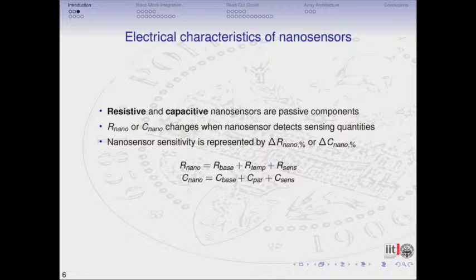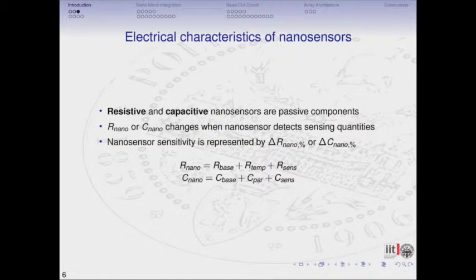The first one is a base contribution that depends mainly on the synthesis process of this nanomaterial or on the nature of this nanomaterial, so if it is a conductive nanomaterial like carbon nanotubes, or a semiconductor nanomaterial like zinc oxide nanowires.